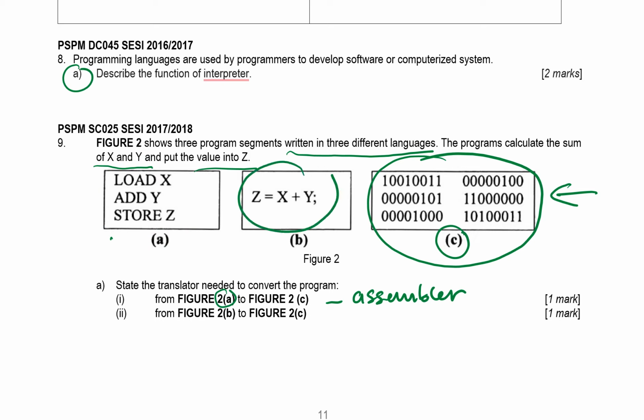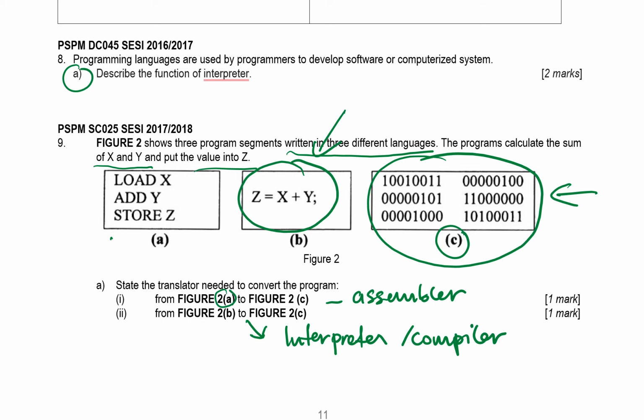Next, from figure 2B to 2C. If you see, this one is an expression, an expression that is used in high level language. So, of course, from B to C, the answer is interpreter or compiler, since we don't know what language this is.